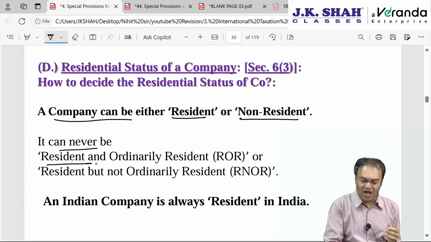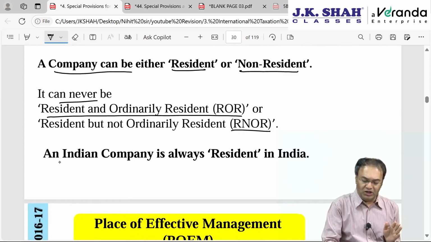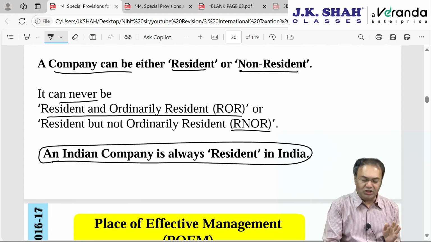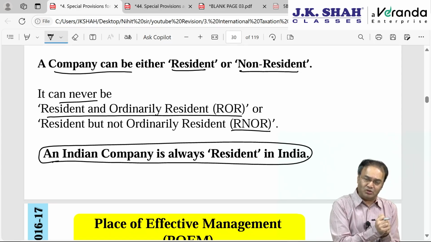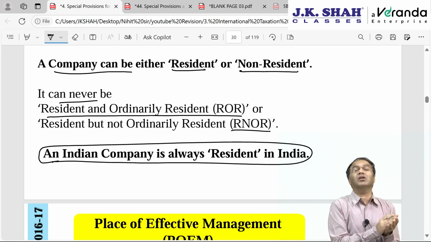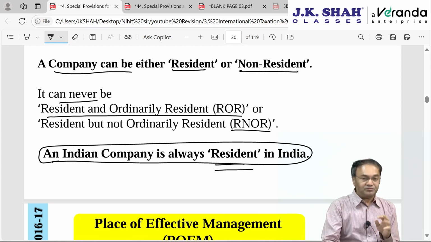It can never be ROR or RNOR, only resident or non-resident. Indian company is always resident in India. Indian company means a company which is incorporated in India under Companies Act 2013 or under the earlier Companies Act, 1956. A company can be resident or non-resident only if it is a foreign company.